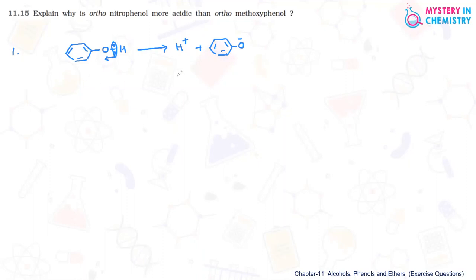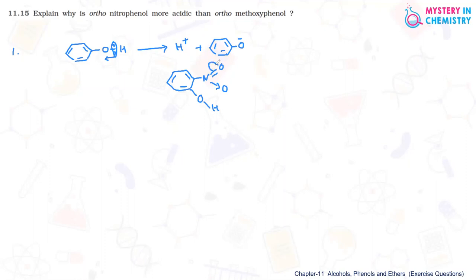Here, in case of ortho-nitrophenol, the nitro group is present at the ortho position, where OH is present. This is an electron withdrawing group. So how is it withdrawing electrons?